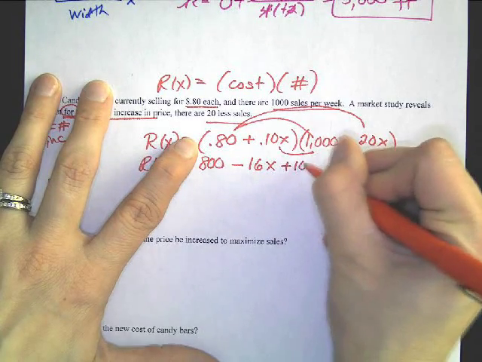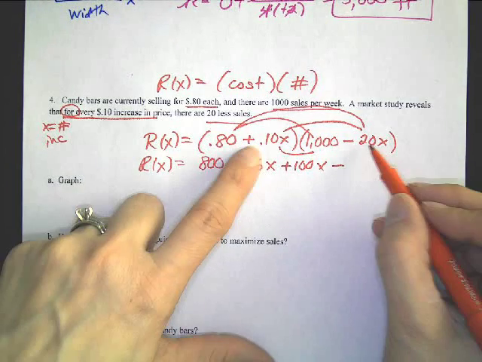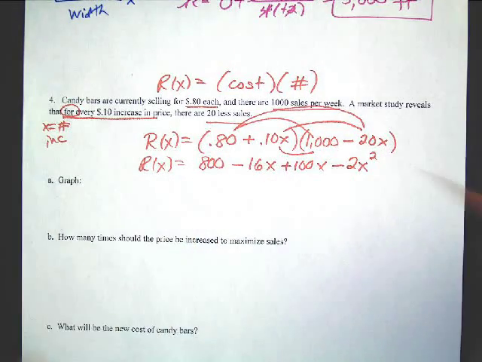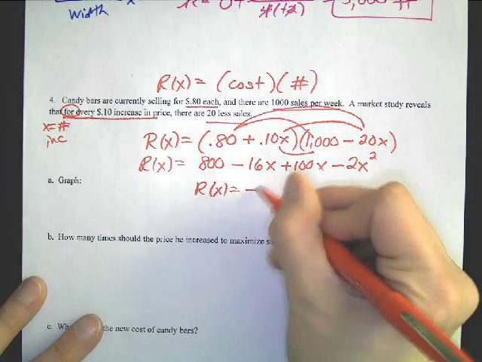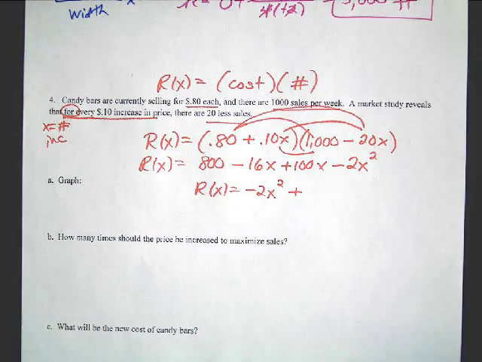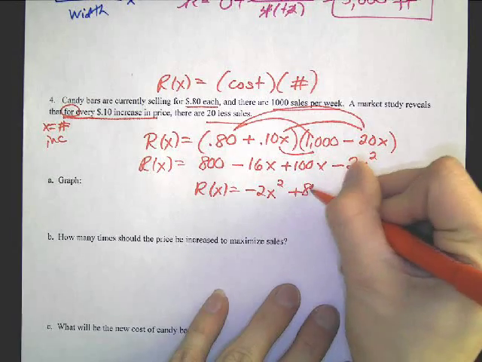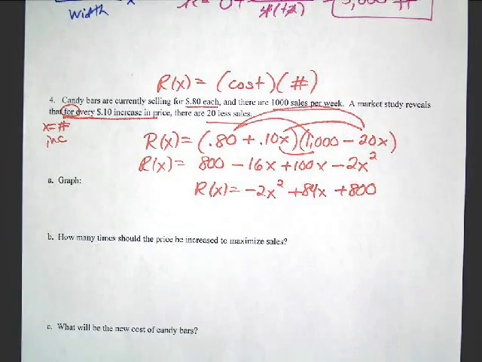Plus 100x. And lasts are going to be negative 2x squared. Okay, so let's clean this up. We've got negative 2x squared plus 100 minus 16 is? 84x plus 800. Good.